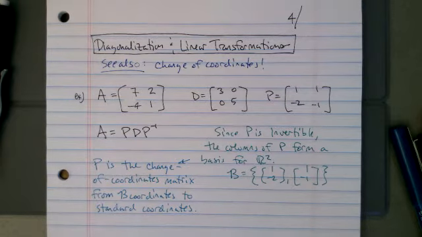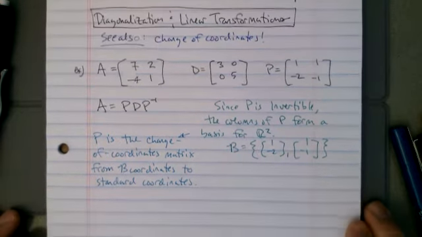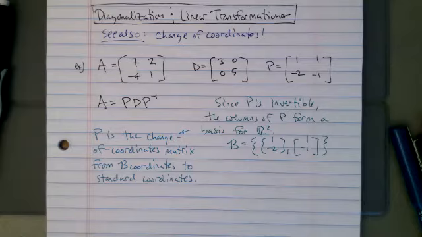That means that the matrix P, just those vectors in columns, since those are the standard coordinates of the B vectors, is the change of coordinates matrix from B coordinates to standard coordinates.